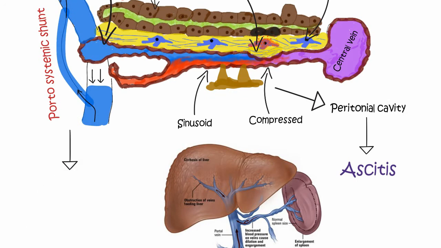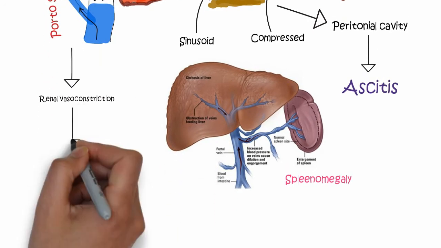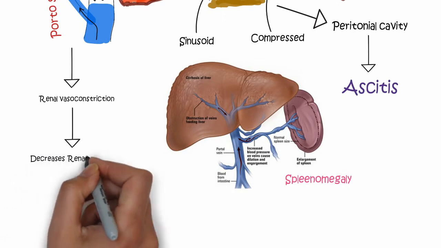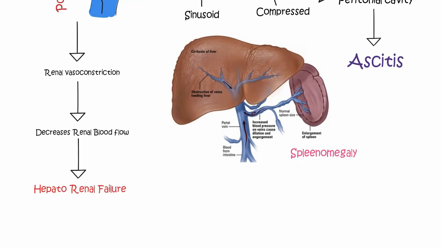This exchange ultimately triggers renal vasoconstriction, which decreases renal blood flow, which leads to low filtration of the kidney and is responsible for renal failure following liver failure.